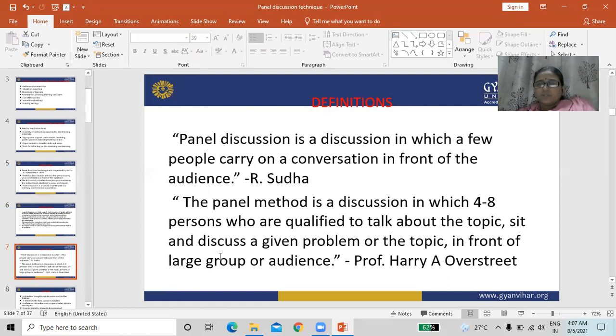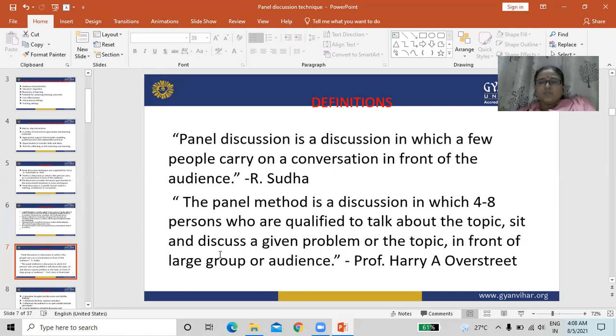Now we will discuss some definitions of panel discussion to better understand its meaning. According to R. Sudha, panel discussion is a discussion in which a few people carry on a conversation in front of the audience.